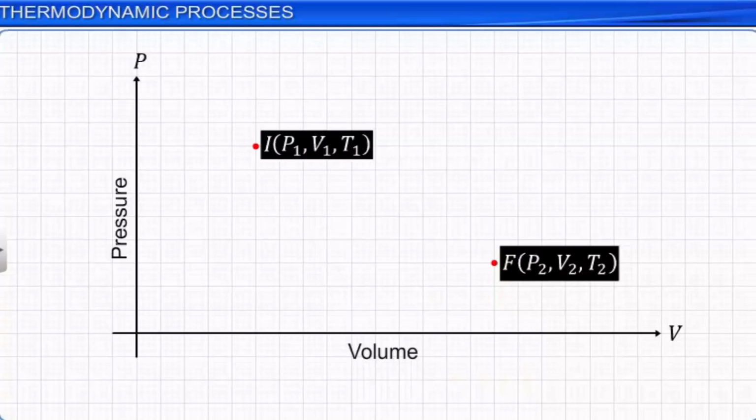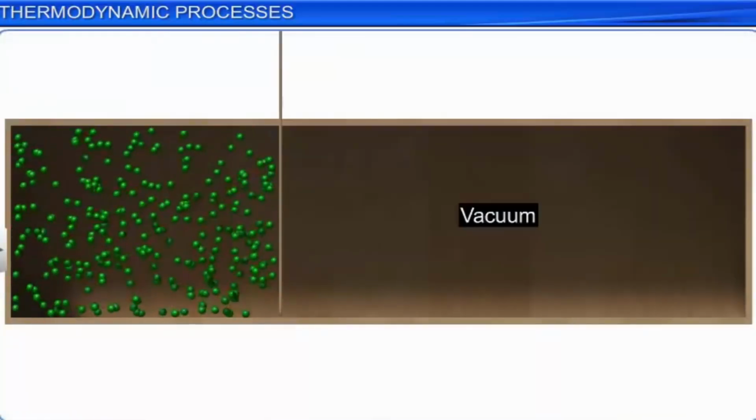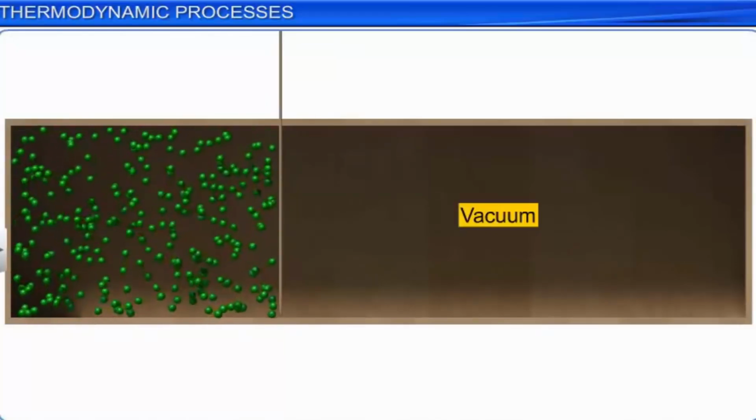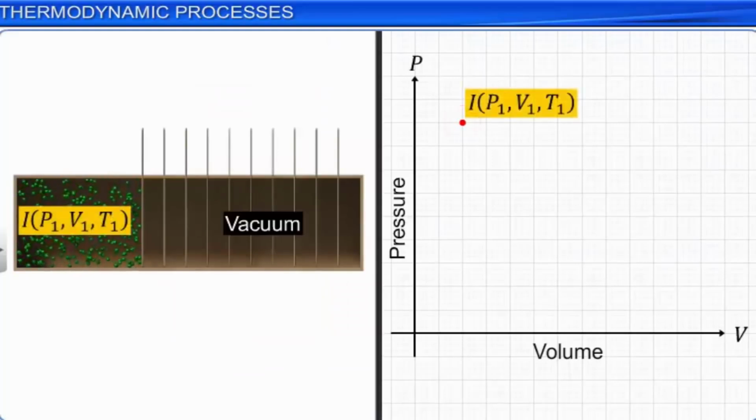Let us understand what a quasi-static process is. Now, let us imagine that the vacuum chamber of the box we have considered earlier has a large number of similar partitions. We know that the initial state of the system is P1, V1, T1.